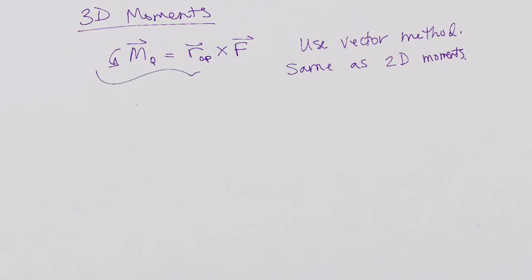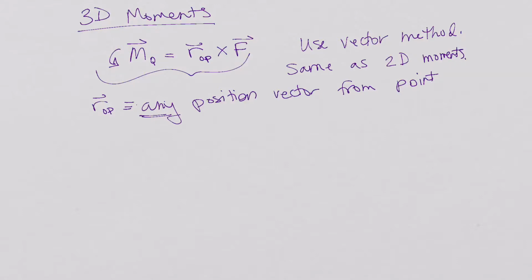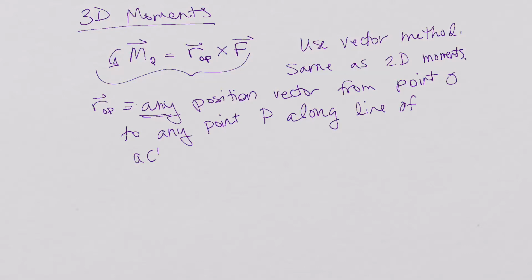And for this equation, that R from the origin to point P is any position vector from point O to any point P along the line of action of the force.